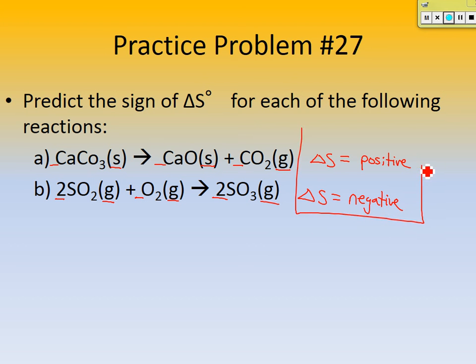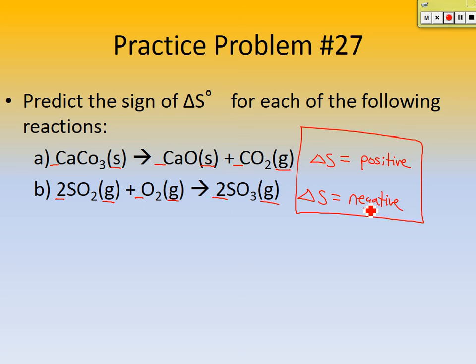I want to see who got it right. Who got it right? Good job. If you missed it, do you see why you missed it? If it's becoming more disordered, that's what entropy measures, is disorder, it becomes positive. If it becomes more ordered now, delta S is negative.